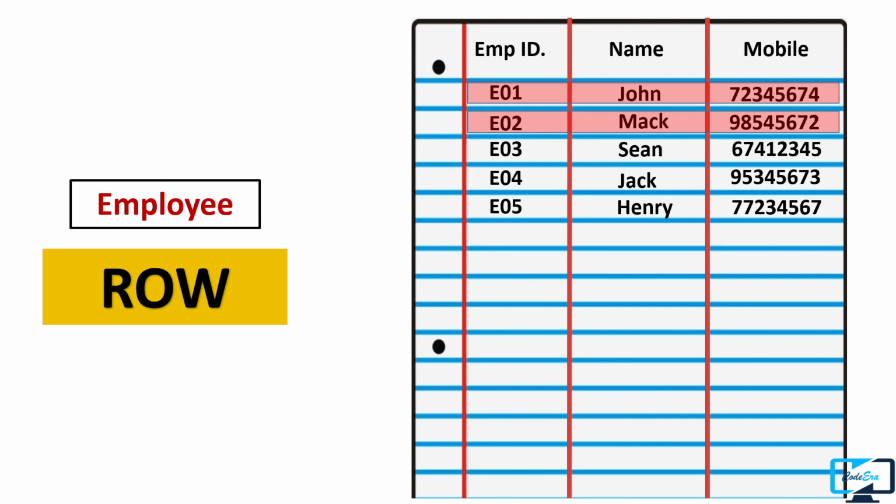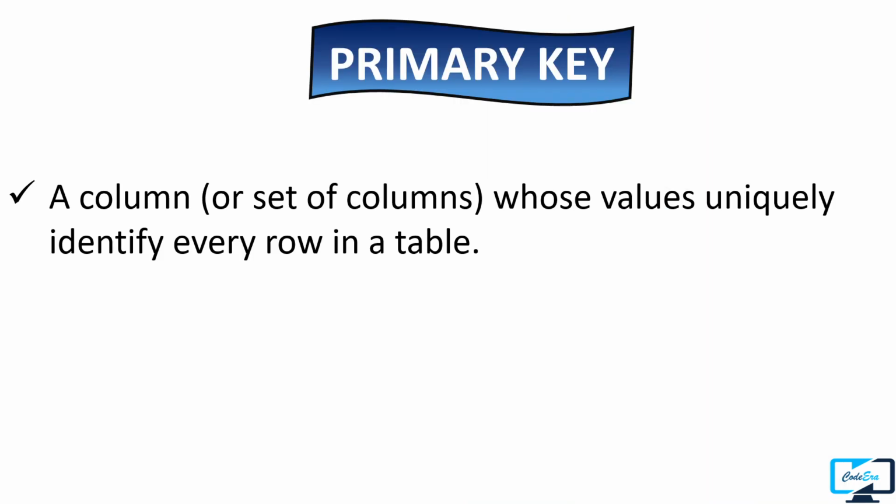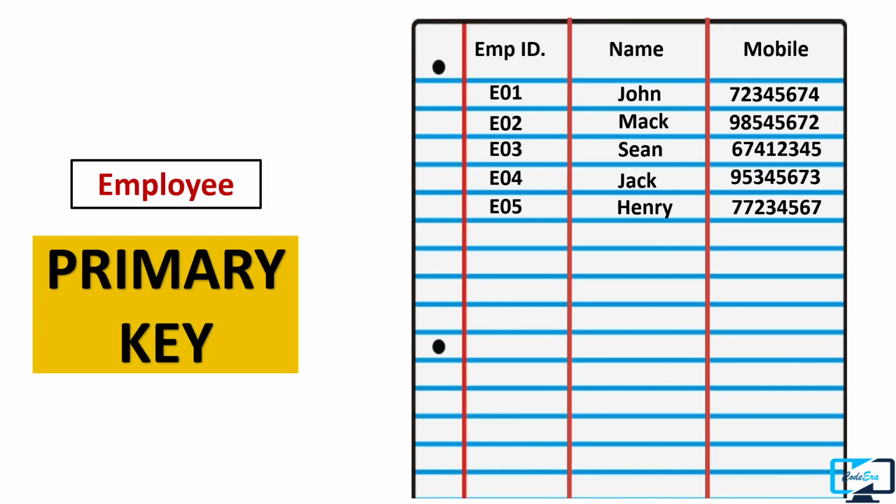So now our next term is primary key, and this is a very important term guys. So with the help of primary key, you can uniquely identify each row in a table, and primary key can be a column or a set of columns. Here uniquely identify means if you know the primary key of the table, then with the help of that primary key, you can get any row.